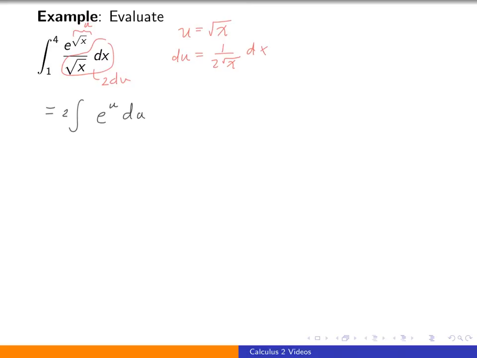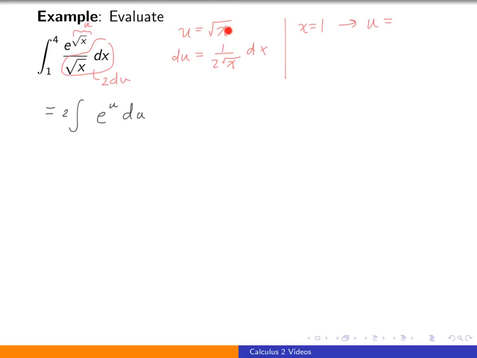But as a reminder, because it is a definite integral, we need to switch our limits of integration. So we need to get our new limits. So we think, okay, when x is 1, what is that corresponding value of u? And to change the limits of integration, you always go back to the substitution.